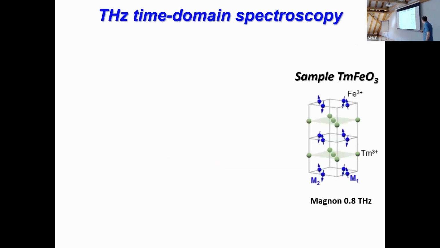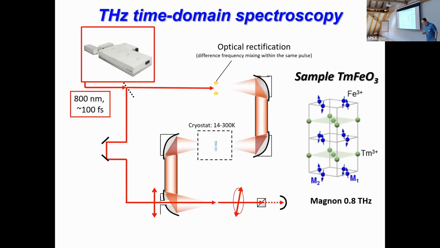The first experiment we've done was terahertz time-domain spectroscopy on the antiferromagnet thulium orthoferrite. What is important for us now is that one of the antiferromagnetic resonance modes has a frequency of 0.8 terahertz. Here you can see a schematic of the experiment.